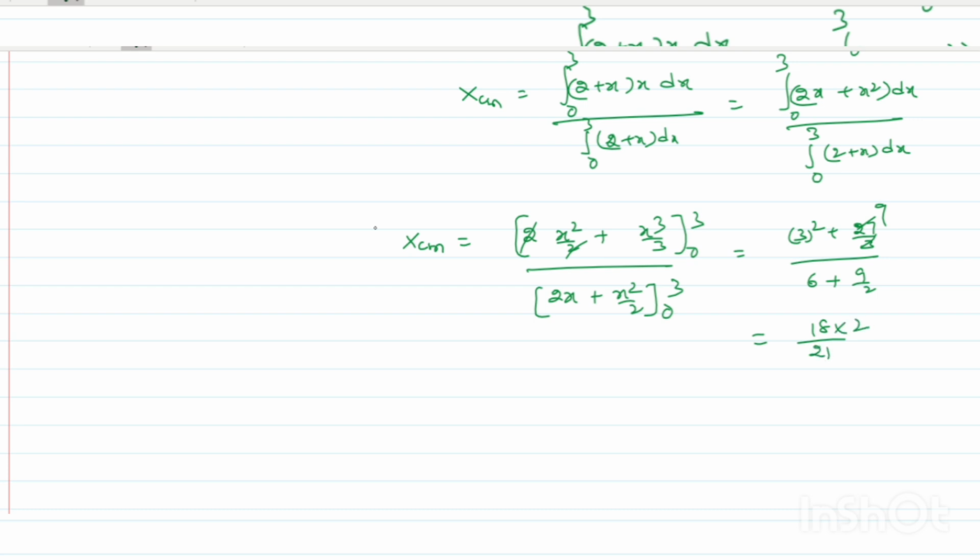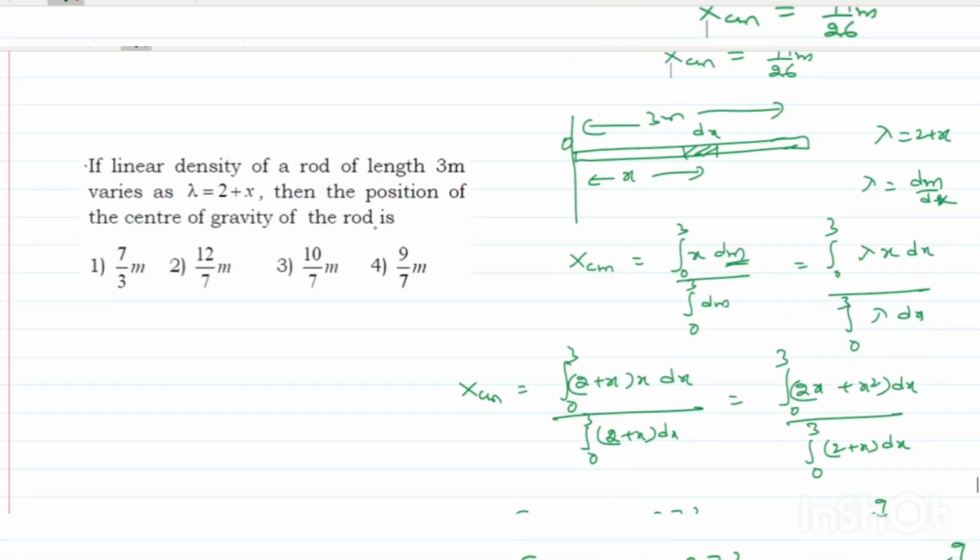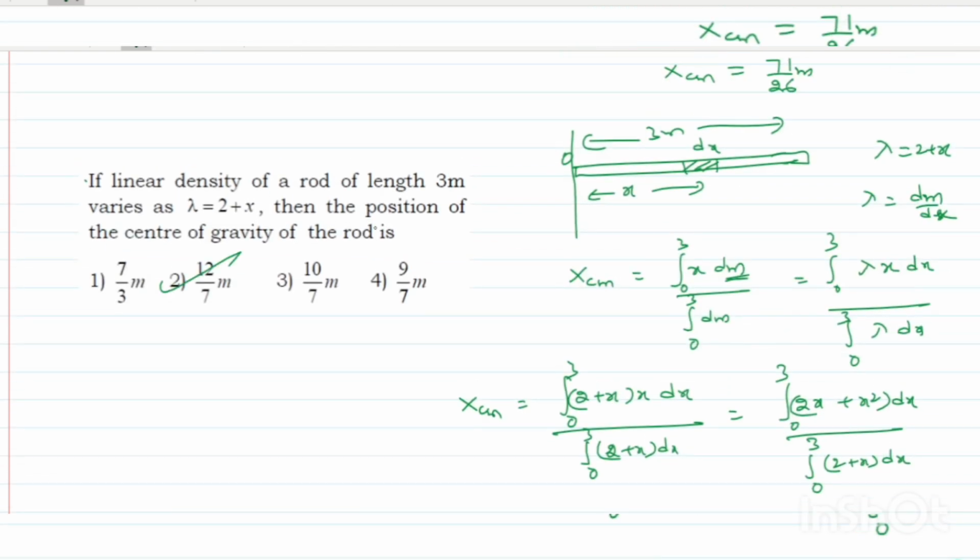So xm is 36 by 21, which is 12 by 7. So xm will be located at 12 by 7 meter, and that is the correct answer, students.